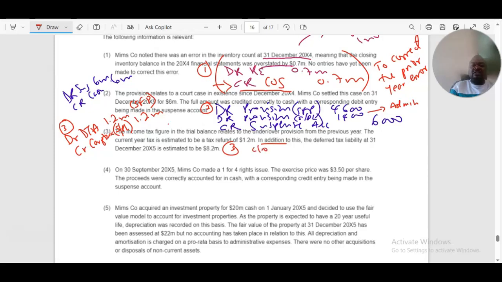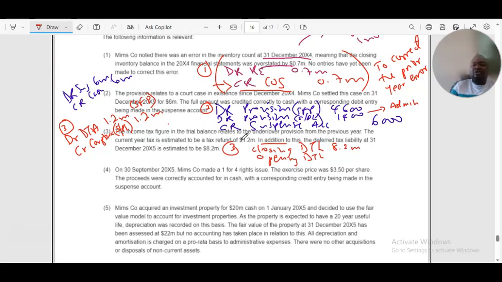So the closing DTL is 8.2 million. What about the opening DTL?